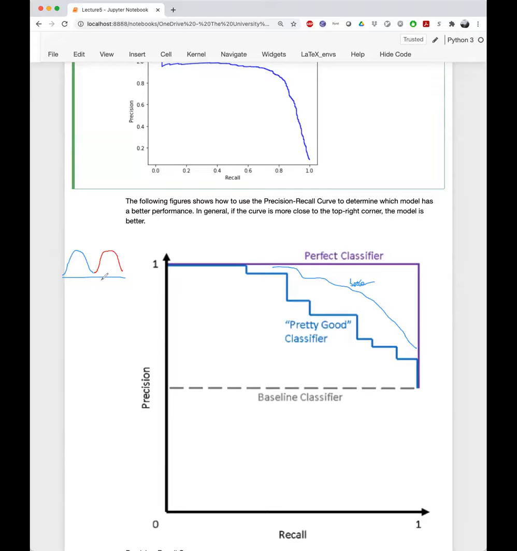This is a classifier that can completely separate the two cases: the true negatives and the true positives, negative cases and positive cases. If the threshold is here, let's see what happens. What's the recall? The recall is 1 because it captures all of the positive cases. So the recall is equal to 1. And we see what the precision is.